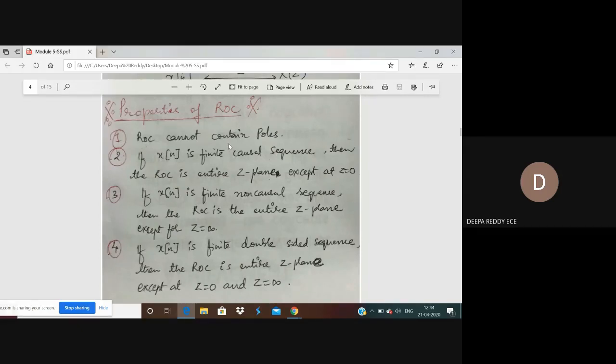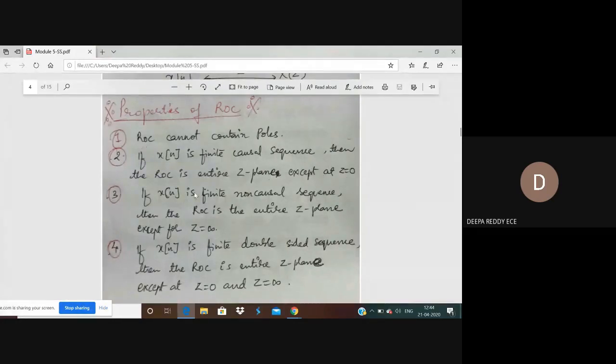Then the ROC is the entire Z plane except at Z equal to 0. These are some standard properties. When the signal is a causal signal, its ROC will be the entire Z plane except Z equal to 0. We can take up some examples and prove all these things, but as of now, keep in mind that when the signal is totally right-sided, or causal, the ROC is the entire Z plane except Z equal to 0. This except is very important. I will tell you why it's except Z equal to 0.